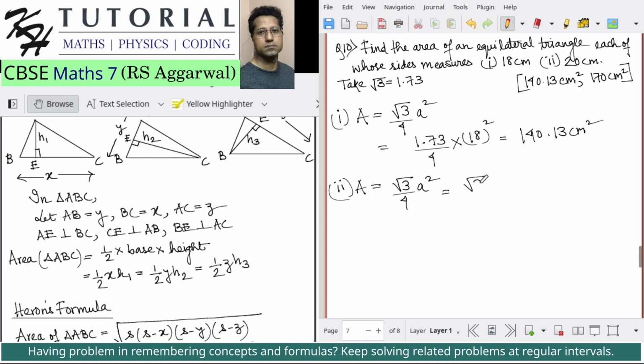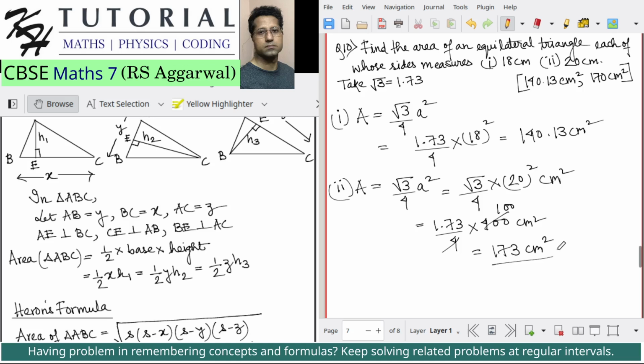So this will be equal to square root of 3 divided by 4 multiplied by 20 square centimeter square. So this is equal to 1.73 divided by 4 multiplied by 400 centimeter square. So this should be equal to 173 centimeter square. But why have I written the answer as 170 centimeter square?